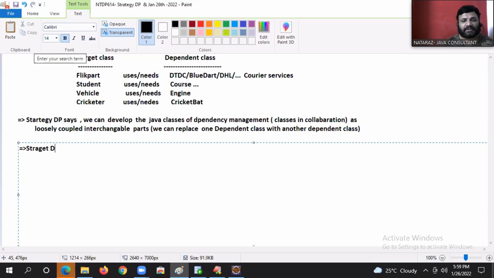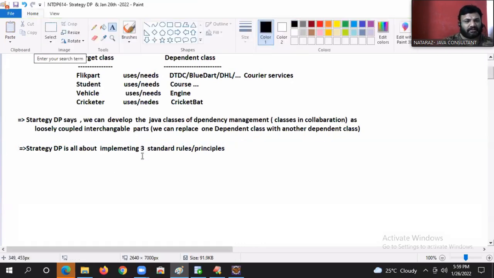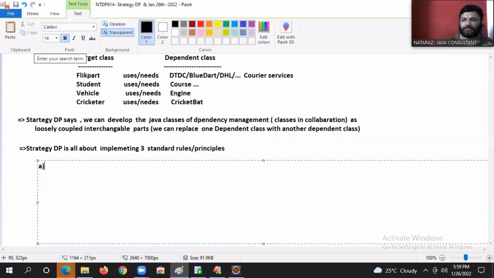Strategy DP is all about implementing three standard rules or principles, guys. What is number one?